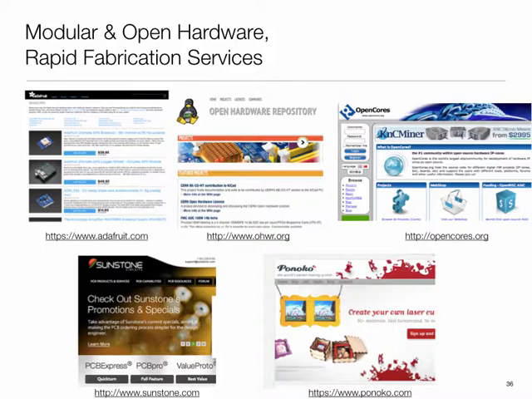For roughly $400, you can get a chip fabricated from Taiwan at this stage. These are also called tiny chips. They are a few millimeters square, but that's a lot. It will not be the cutting edge technology, but that's still sufficient. There are FPGAs, which are programmable chips. So Open Hardware Repository and opencores.org, these are all websites catering to that.